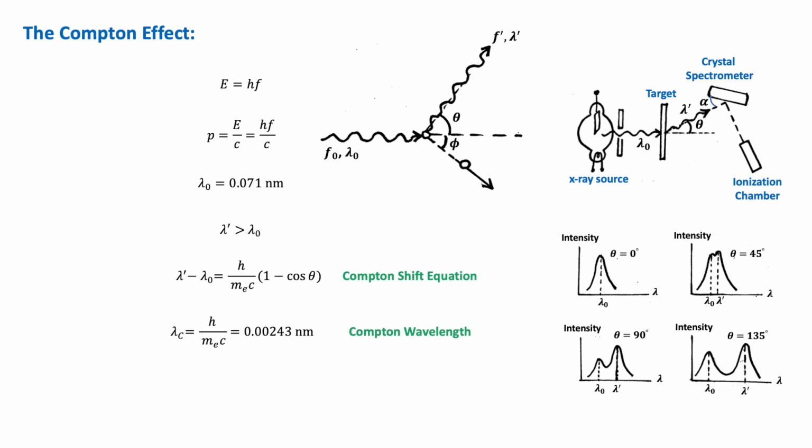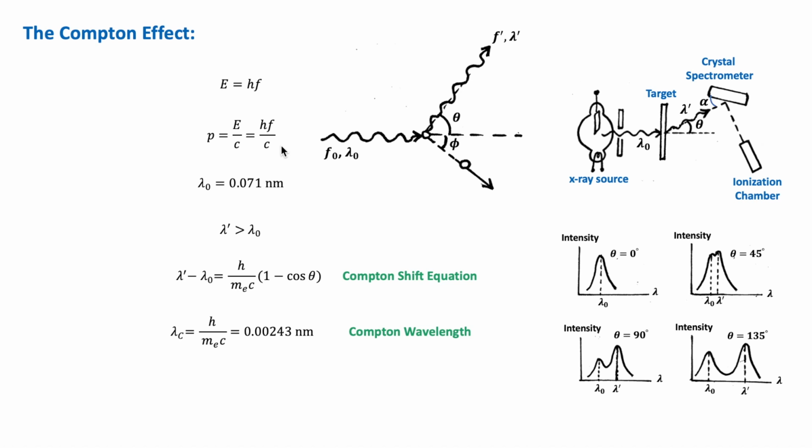But the Compton experiment showed that at a given angle, only one frequency of radiation was observed that is different than that of the incident radiation. So Compton realized that the scattering of the X-ray photons from electrons could be explained by treating the photons as photons of energy hf and momentum hf over c, and by assuming that the energy and momentum of the isolated system of the photon and electron are conserved and they undergo a two-dimensional collision.